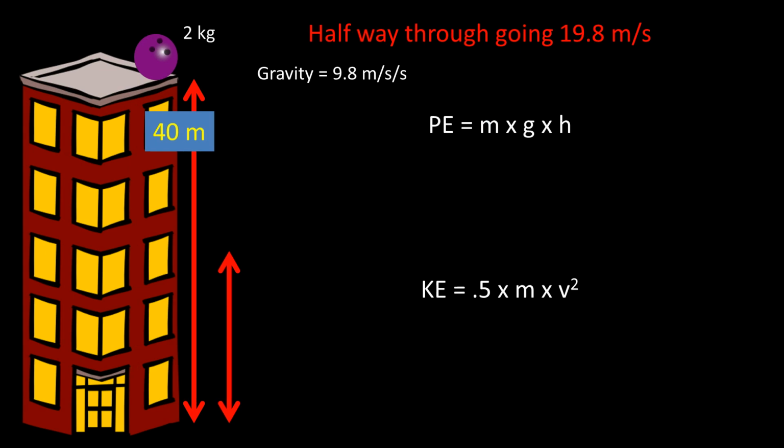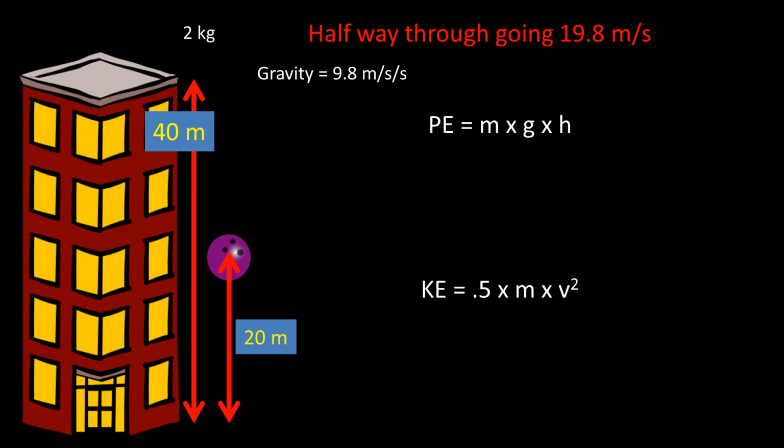The next situation is when the ball is falling, and we freeze frame it and calculate its potential and kinetic energy when it is halfway down. All right, so at this moment, it's no longer 40 meters above the ground, it's only 20 meters above the ground. So we're going to use that height for its potential energy.